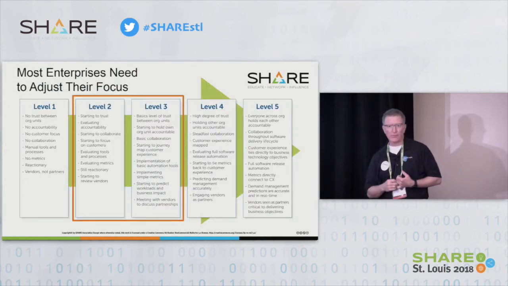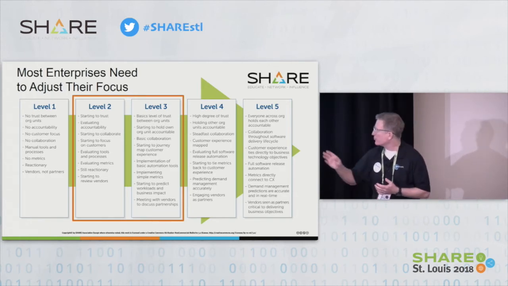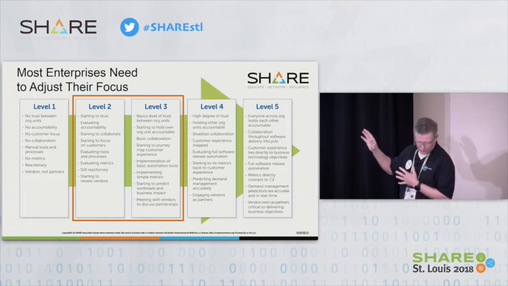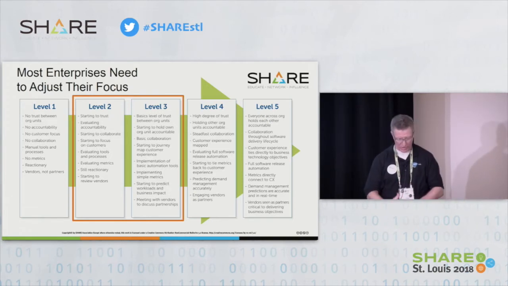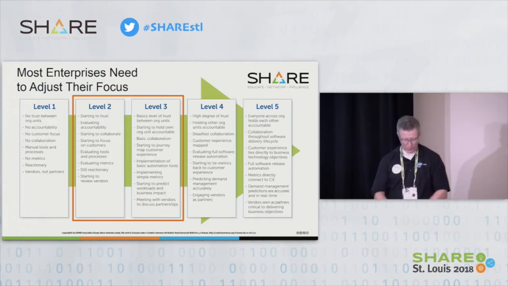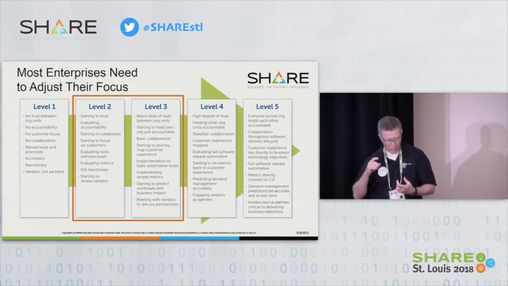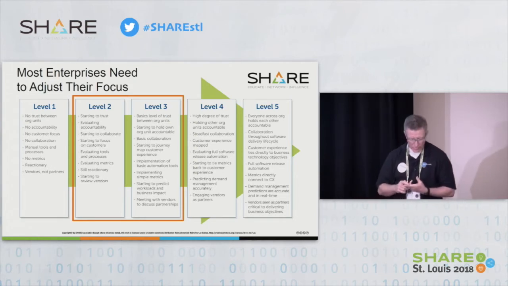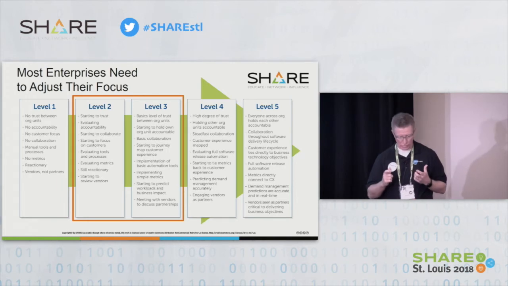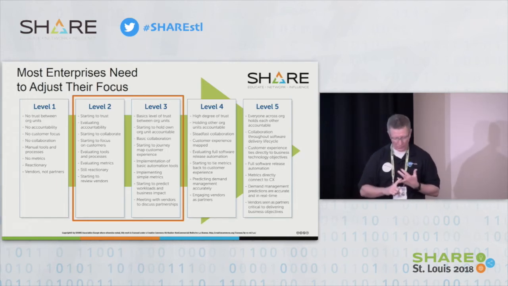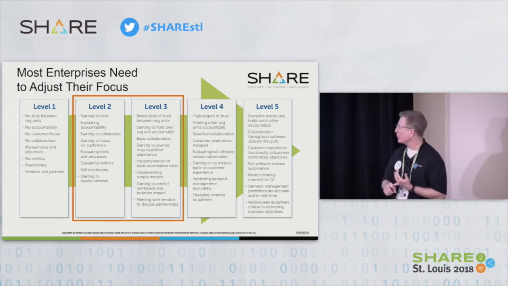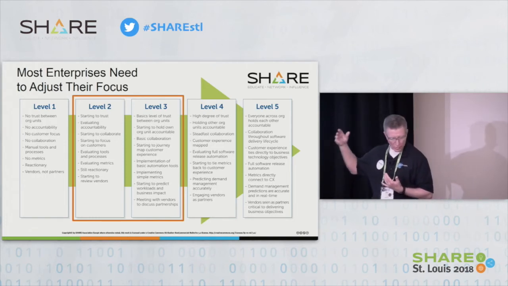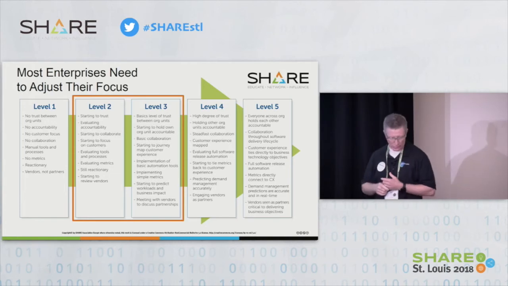Okay, so when we ask the DevOps professionals at companies to rate themselves on a DevOps scale, and we had them look at things like organizational units, trust level between organizational units, accountability, customer focus, collaboration, automation tools, metrics, how they deal with their vendors, those kinds of things is what they're rating themselves on.